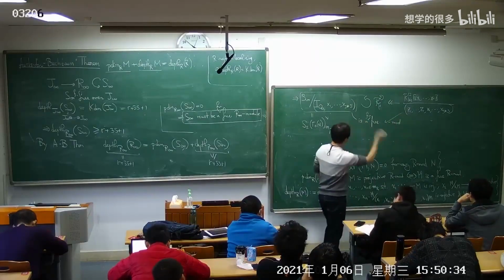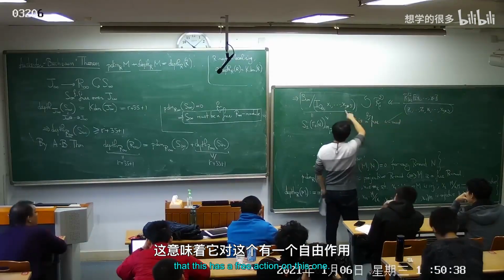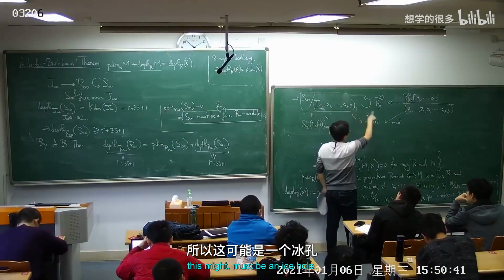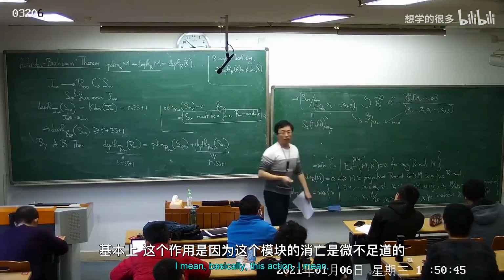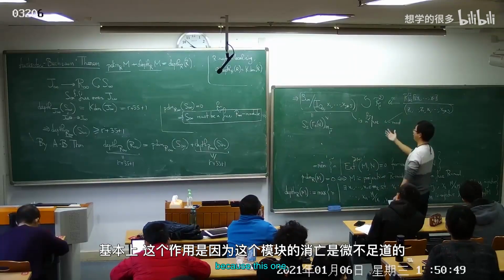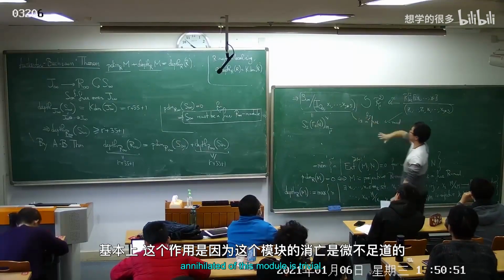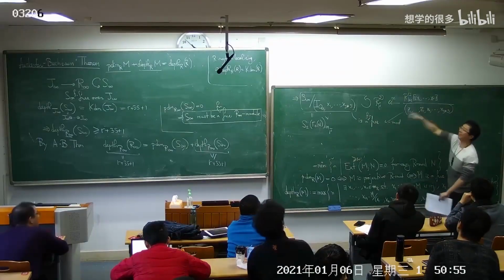This also means that this has a free action on this one, and so therefore this must be an isomorphism. Basically this action, because the annihilator of this module is trivial, and anything in the kernel of this map must annihilate that.